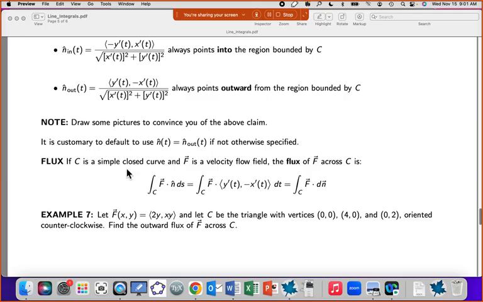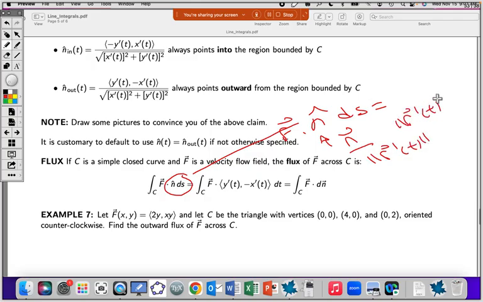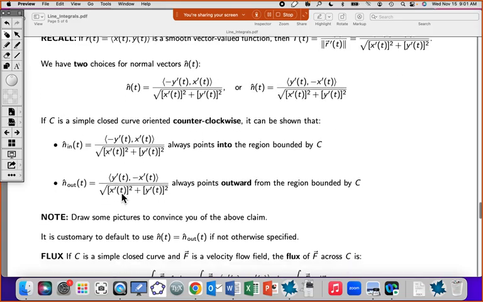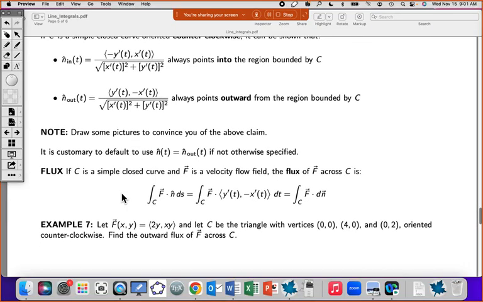When you do F dot n hat ds, you're going to get cancellation just like you did before, and it's going to reduce down to this formula. The same kind of thing happens. So these are your formulas here for flux.